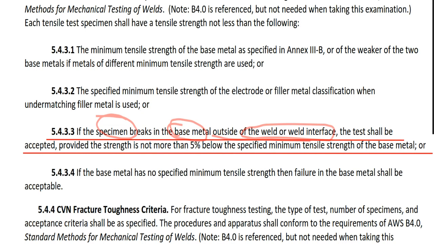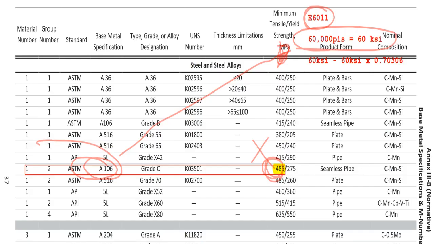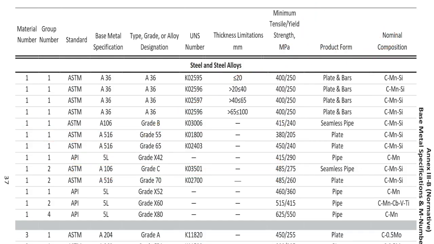The tensile test acceptance criteria becomes like this: strength not more than 5% below the specified minimum tensile strength. 5% below the specified minimum tensile strength, which means, let me erase everything, and we have welded ASTM A106 grade C. The minimum tensile strength of ASTM A106 grade C is 485 MPa.